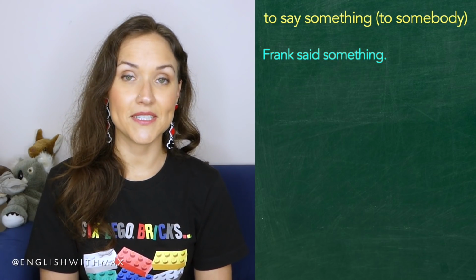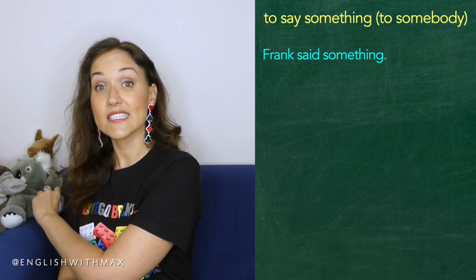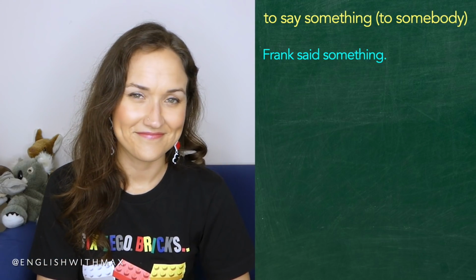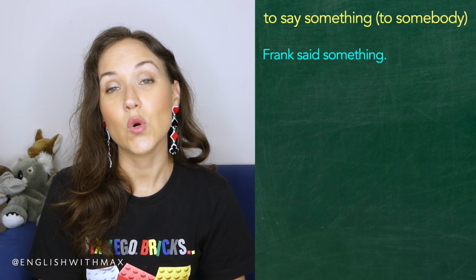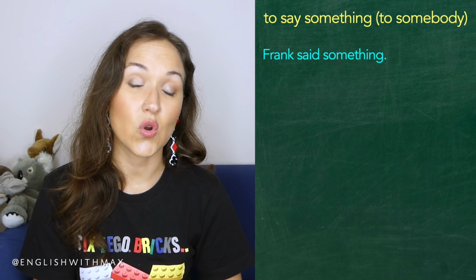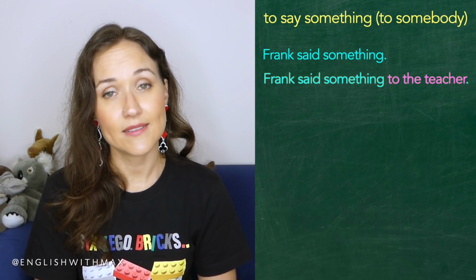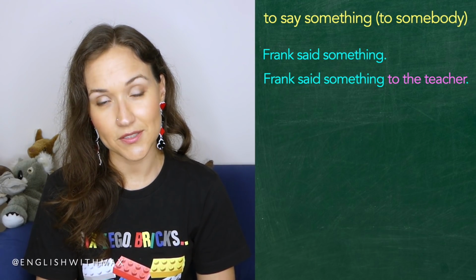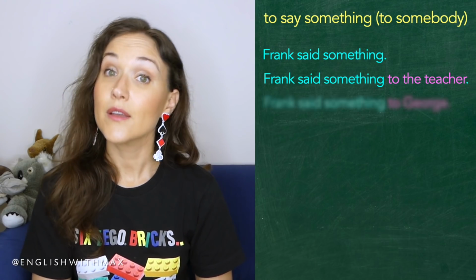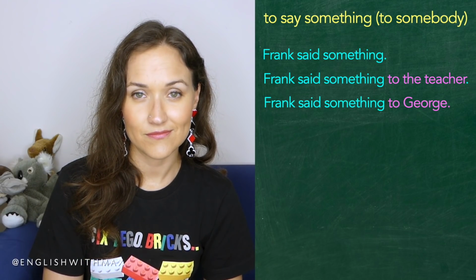Frank said something. If you don't know him yet, this is Frank. And if you want, you can add to plus a noun or an object pronoun. Frank said something to the teacher. Frank said something to George.